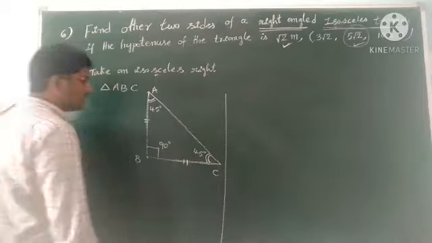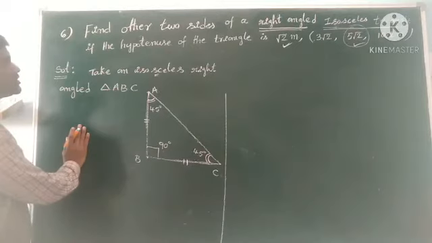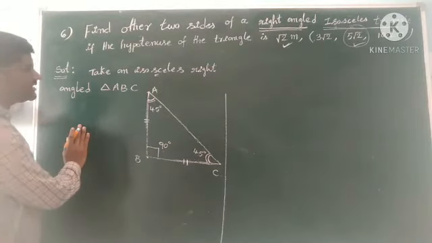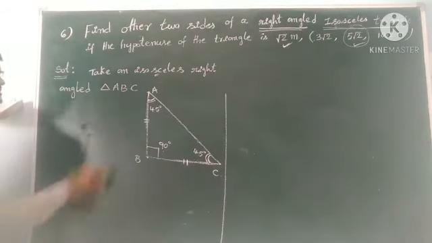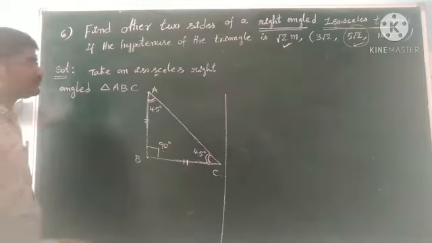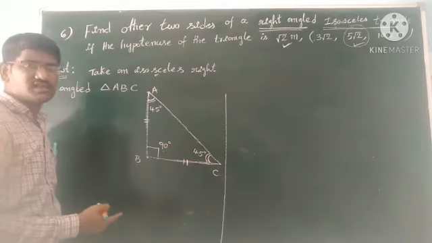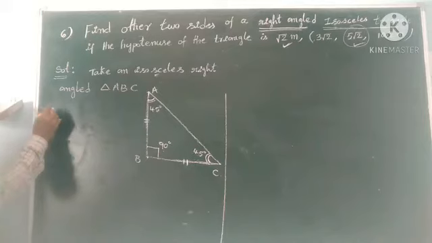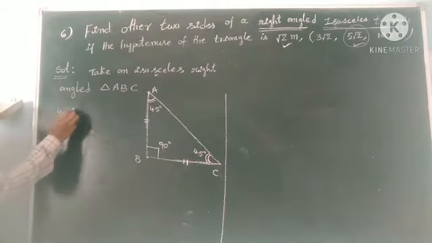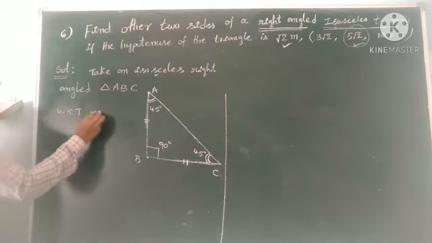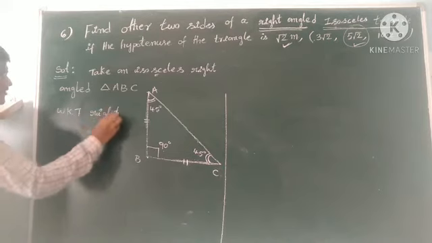Okay students, now see. In this one, the hypotenuse length is given. We know the sides ratio for a right angled isosceles triangle. What is that, students?